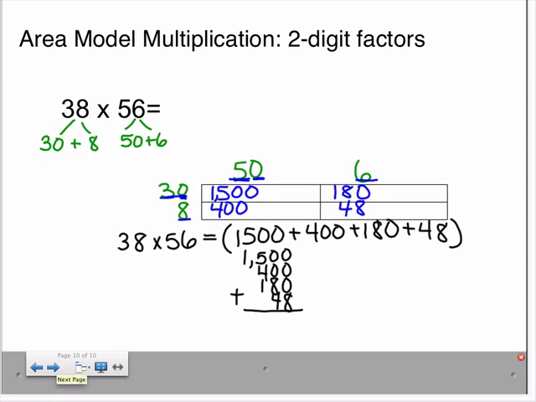The ones column adds up to 8. 8 plus 4 is 12. I write my 2, carry the 1. 1 plus 5 is 6, plus 4 is 10, plus 1 more is 11, and then 1 plus 1 is 2. The product of 38 times 56 is 2,128. This is our final answer.